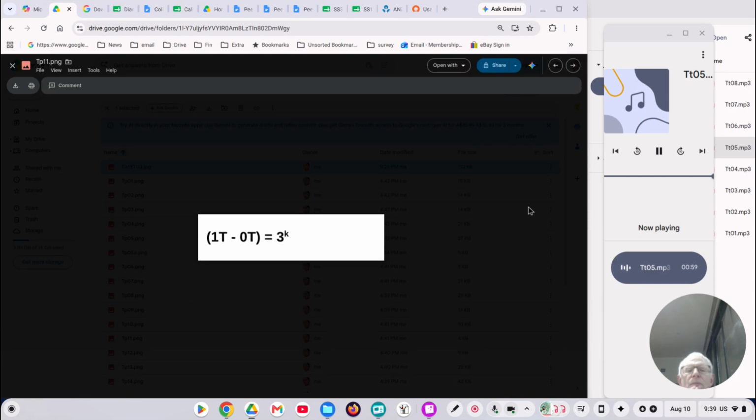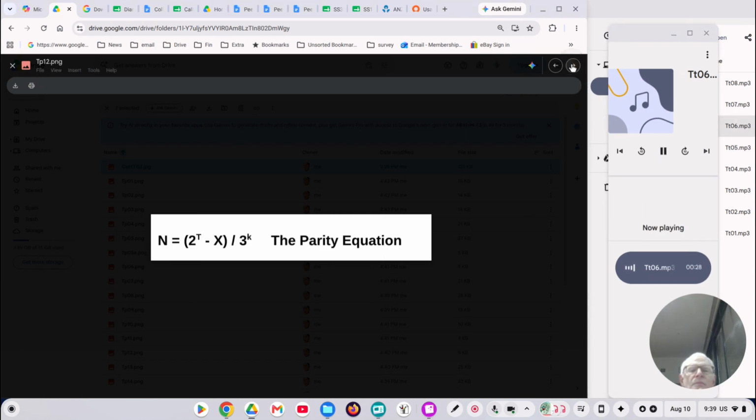Here 2 to the power of lowercase n minus 1 is removed from both terms, and you are left with 3 times 1 minus 3 times 0 for each S step. If there are k S steps, then you are left with 3 to the power of k. So we have our parity equation. N equals (2 to the power of t minus x), all divided by 3 to the power of k. And this equation describes Collatz.